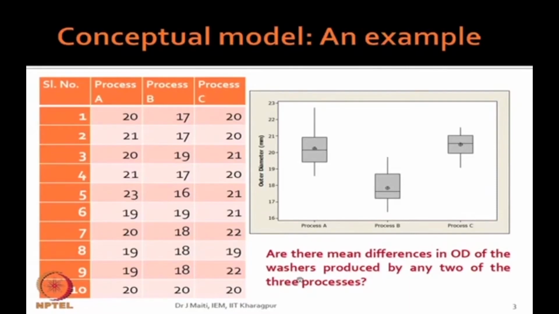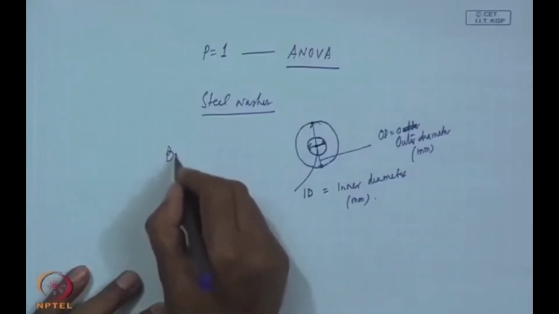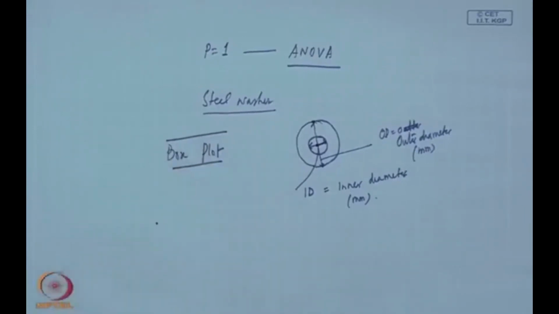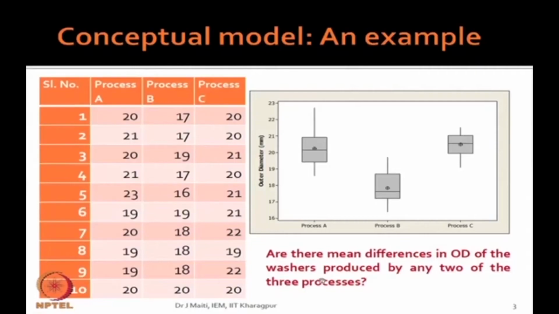Under such a situation, the most widely used graphical plot is the box plot. Now, see what a box plot is. This figure shows box plots. This box plot is for process A, this is for process B and process C. In the box plot, there is one box and 2 whiskers.